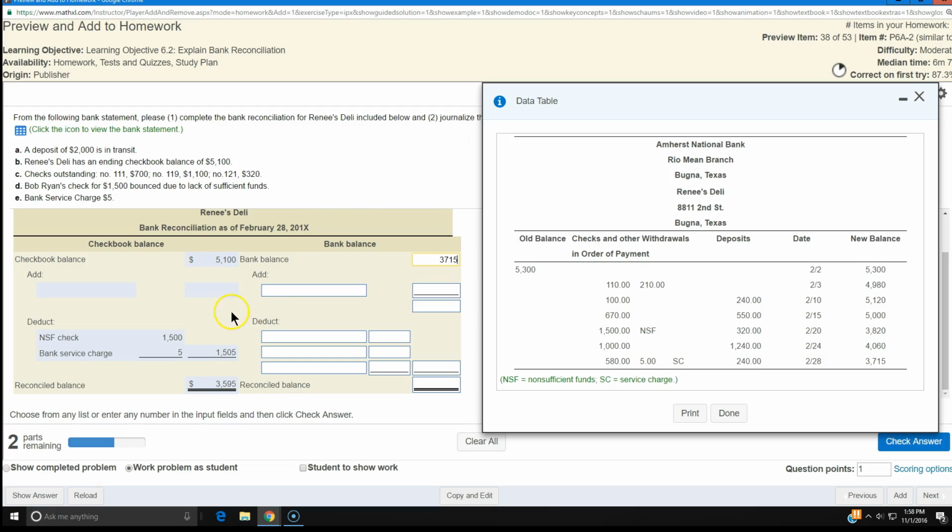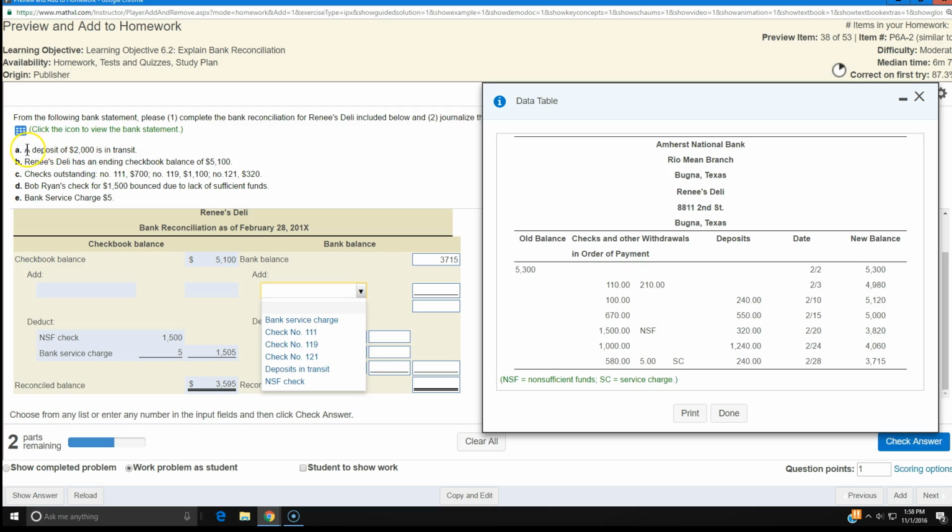3715. Now, what you need to do is, they're telling you up here there was a deposit that we made. We had to check our records against the bank statement, and in fact, oh, there's no deposit, hang on, checks outstanding, balance check.